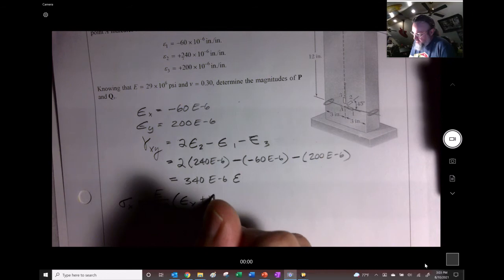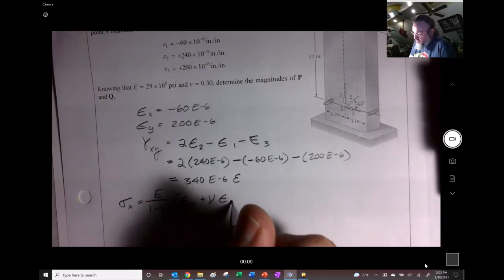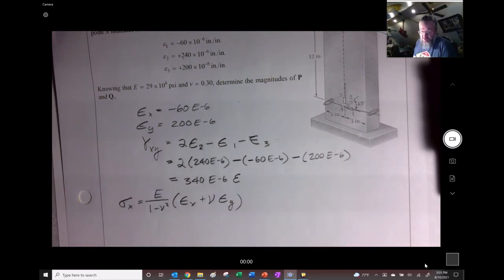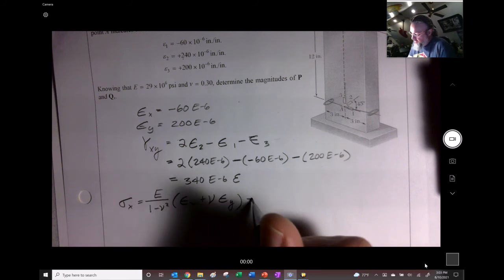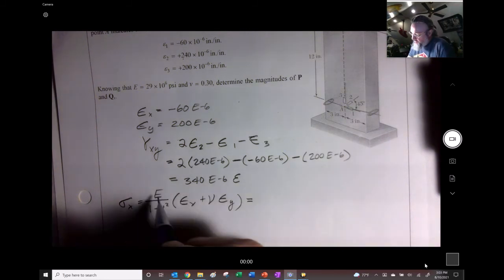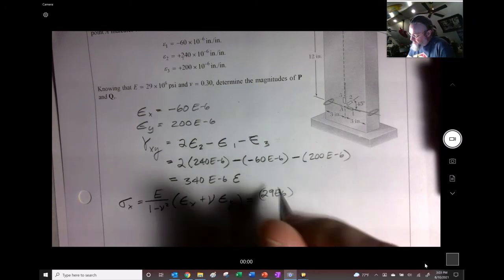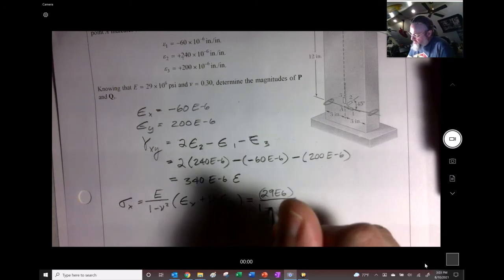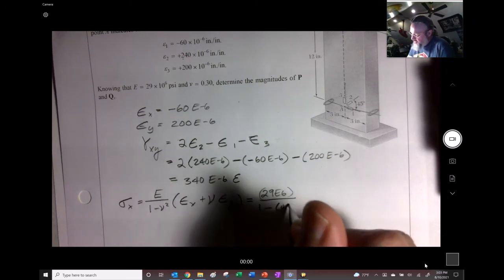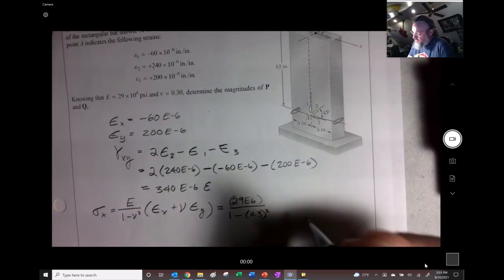We have epsilon x plus mu epsilon y, right? I believe those are the equations that I previously gave you. So we have for the E, 29E6 divided by 1 minus 0.3 squared.